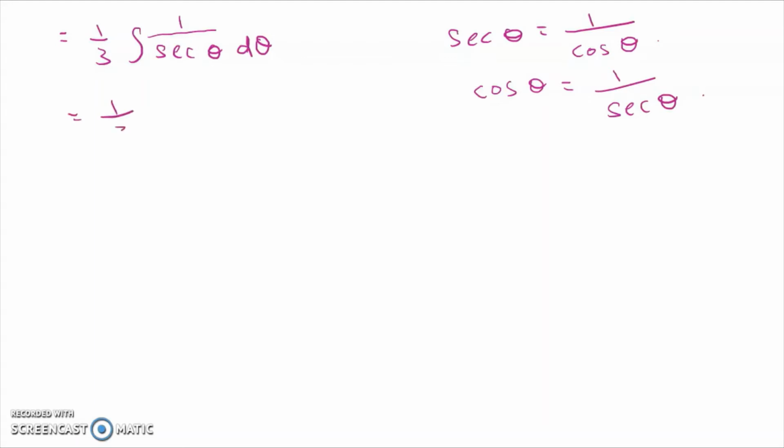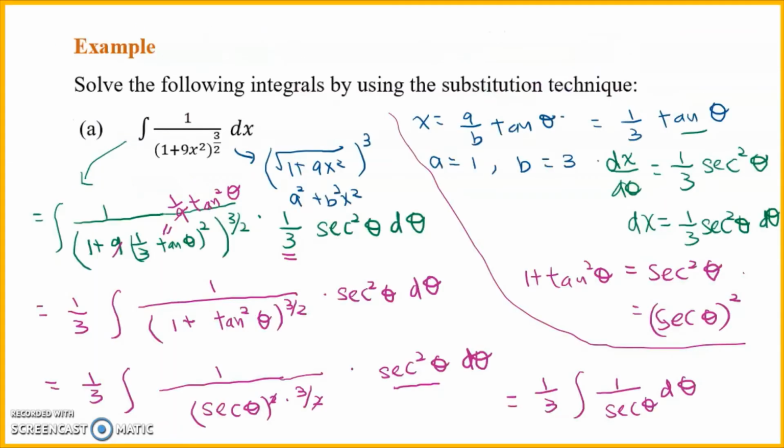So this finally becomes cos theta d theta. To integrate cos theta is very easy. We will get sin theta. So this is the answer for this problem.